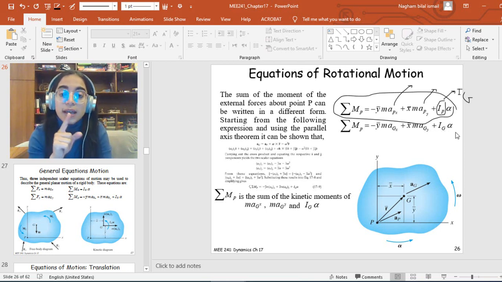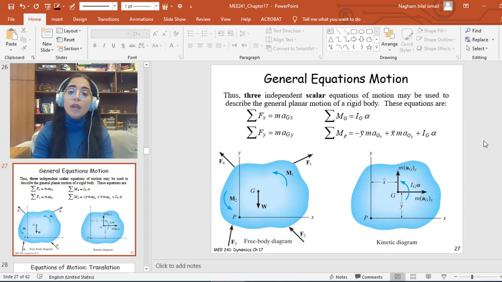And this equation, as I said, is more relevant because it is in terms of a_Gx, a_Gy, and I_G. And this means, guys, if I have a rigid body undergoing translation and rotation, which is the general plane motion, I need to state the three independent scalar equations.